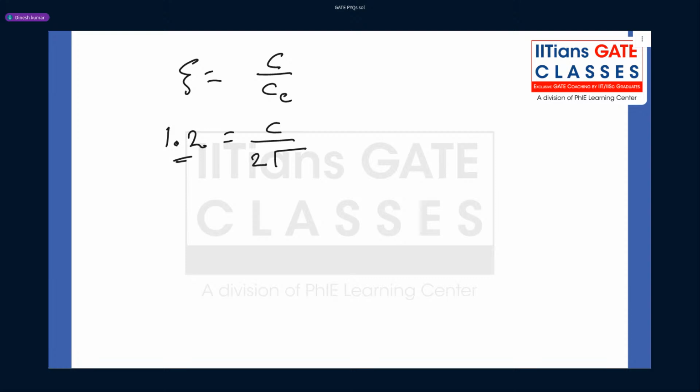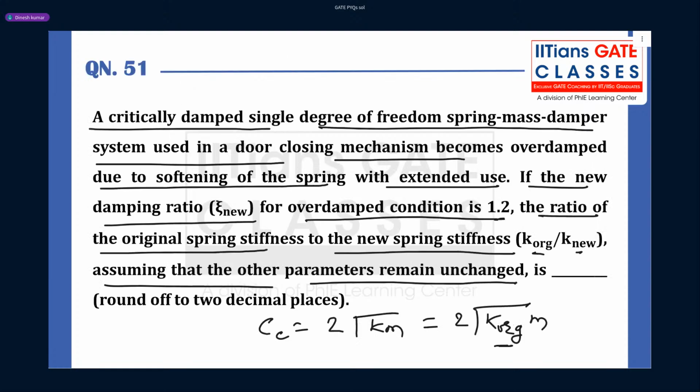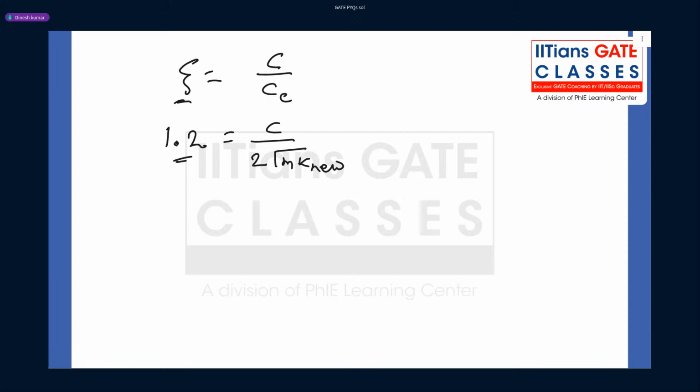When zeta is 1.2, it will be C upon 2m k nu. And when zeta was 1, what was your k?